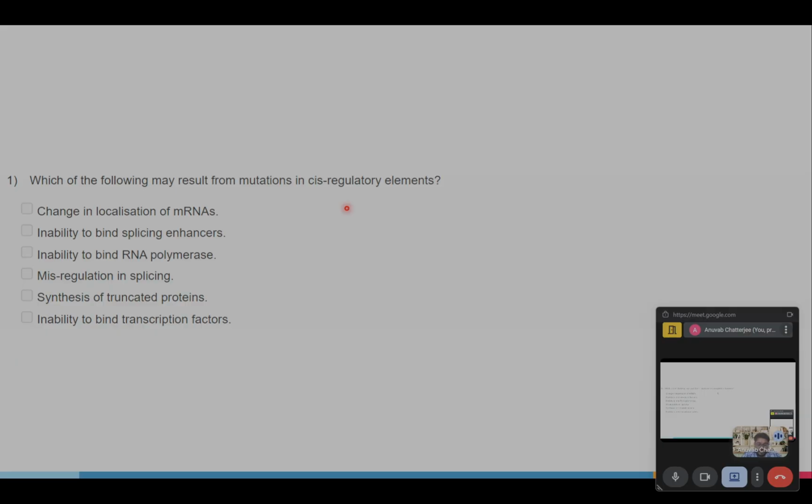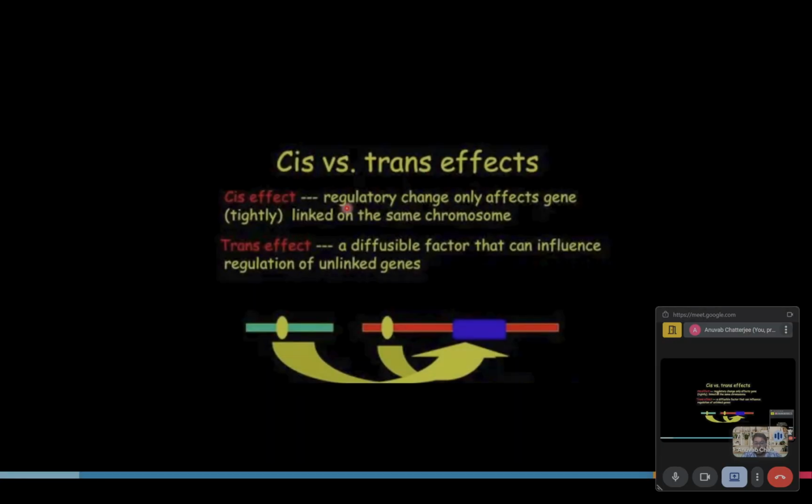Okay, let us look at the answer. So first we have to know what the difference between the cis and a trans regulatory element is. A cis regulatory element is present on the same chromosome and is tightly linked to the gene in question. So all the time what cis regulatory elements are, these are DNA sequences that are present either upstream or downstream or within the gene, which affect the transcription or the expression of the entire gene.